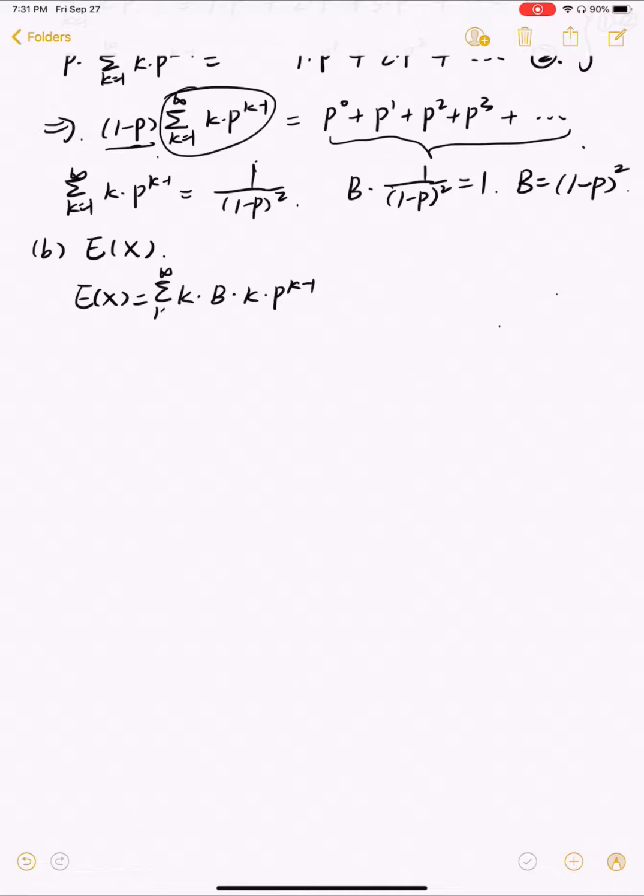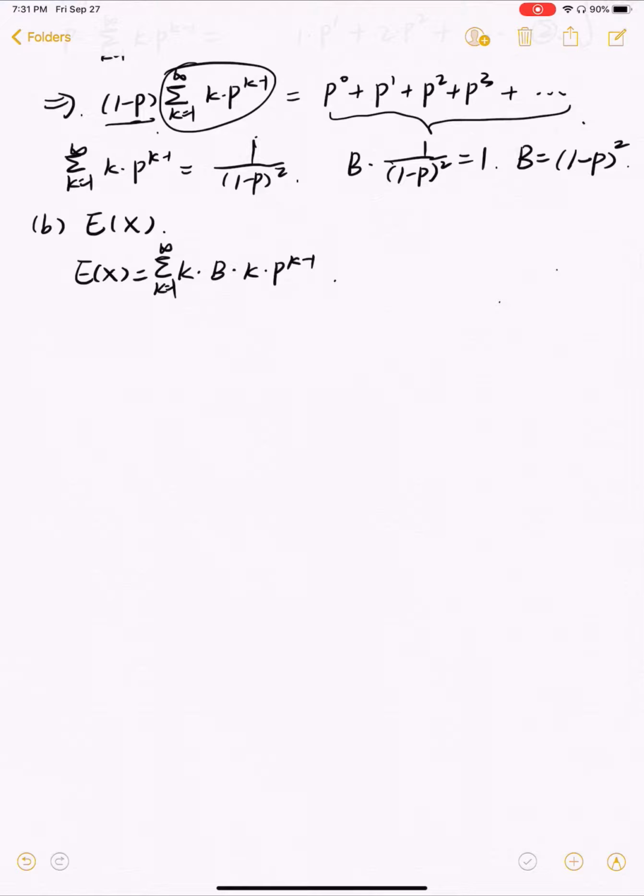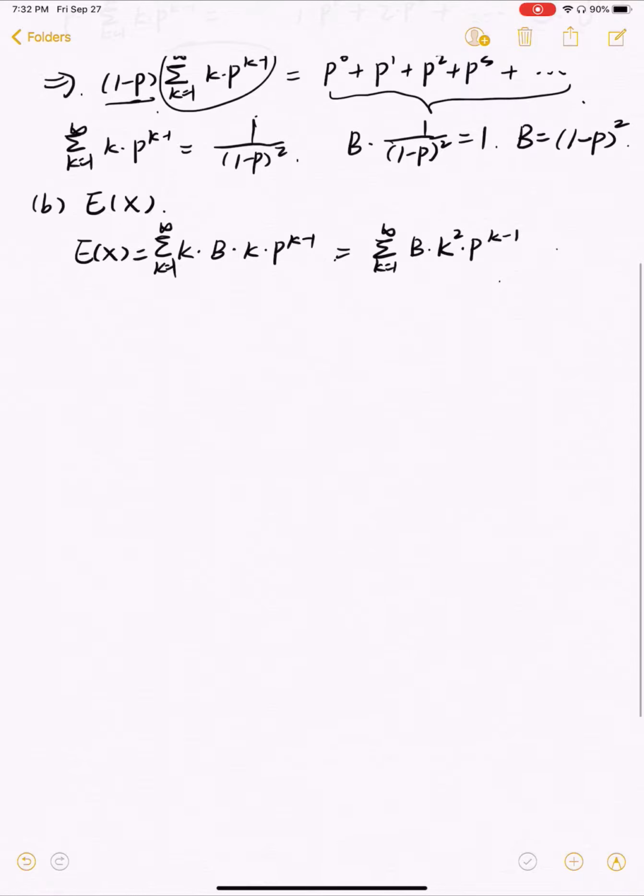That is the expression of the expectation of X, which equals b multiplied by the sum of k to the power of 2 multiplied by p to the power of k minus 1. We could put the b to the outside.